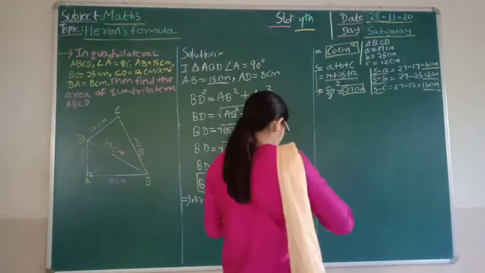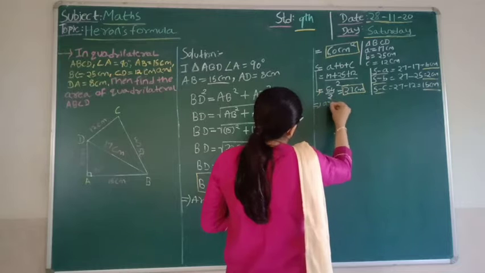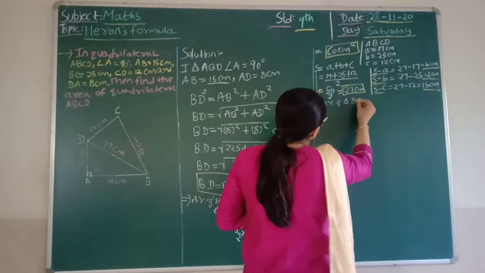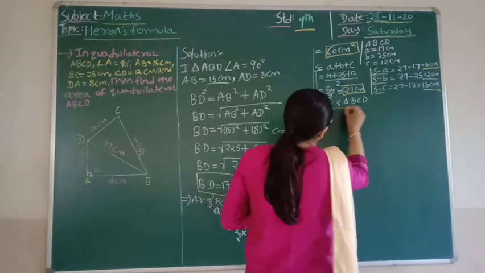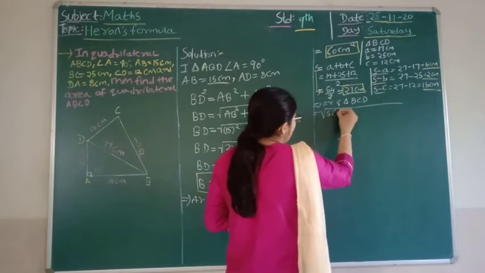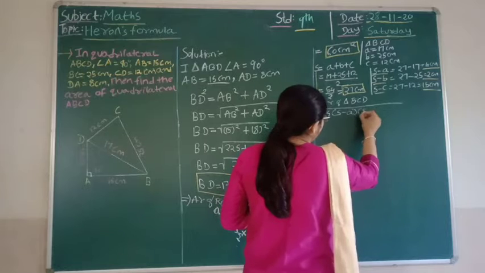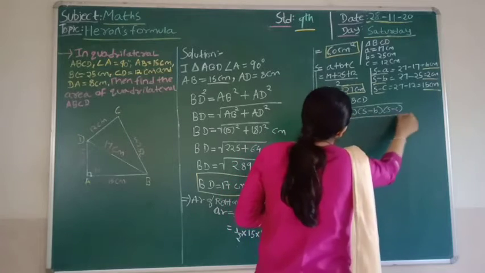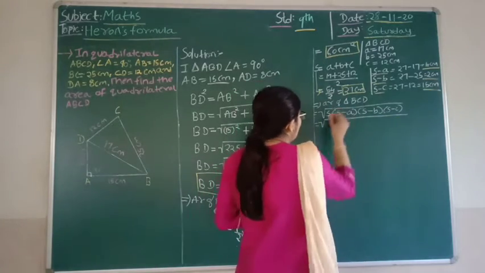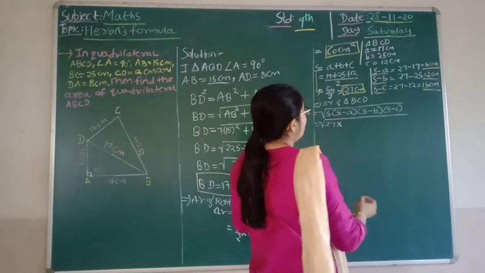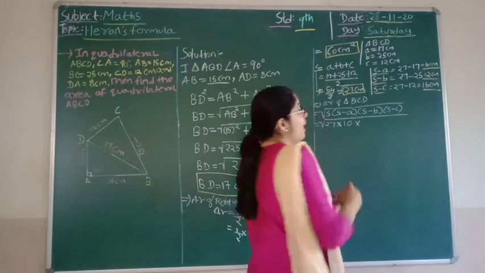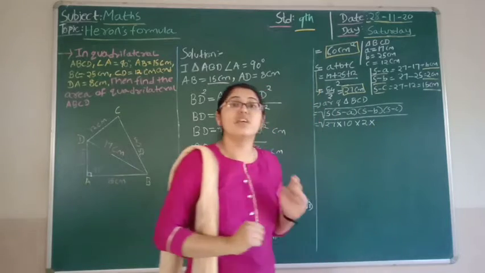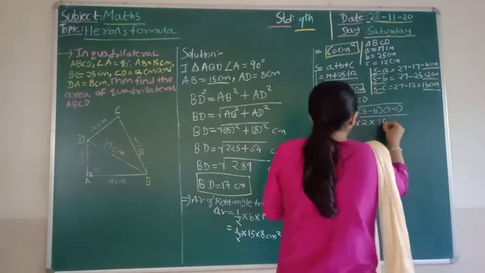So you can say area of triangle BCD, applying the Heron formula, that is the square root of S into S minus A into S minus B into S minus C. When I put all of these values, S will be 27 multiplied by S minus A is 10 centimeter, S minus B is 2 centimeter, and lastly S minus C is 15 centimeter.